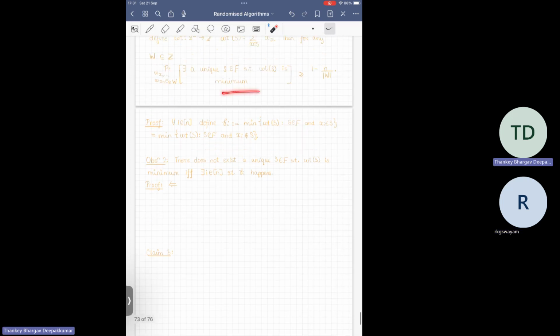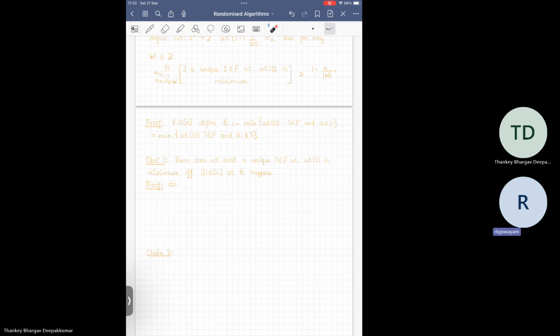Okay, so what do I want to prove? I want to prove that there does not exist a unique S in F so that the weight of S is minimum, right? So there must exist two sets, S1 and S2, with the same weight, and this weight must be minimum among all sets in F, not just among sets that contain Xi and not just among sets that do not contain Xi.